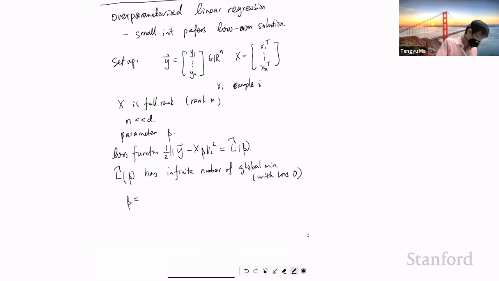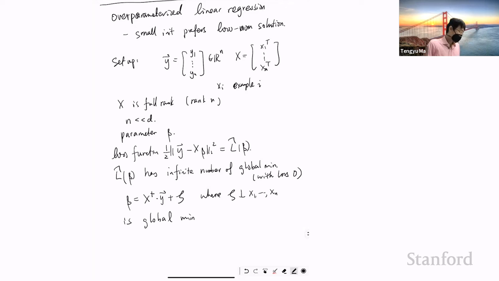Suppose you take beta to be X pseudo inverse times y vector plus some vector zeta, where zeta is any vector orthogonal to x_1 up to x_n. That is a global minimum.